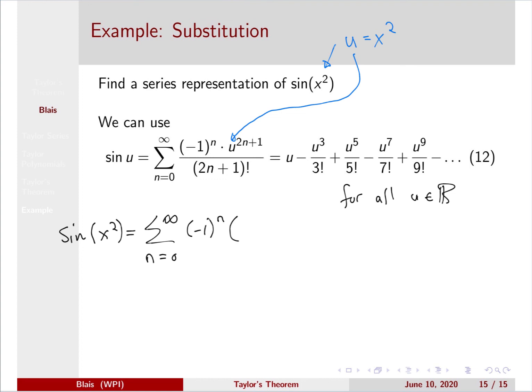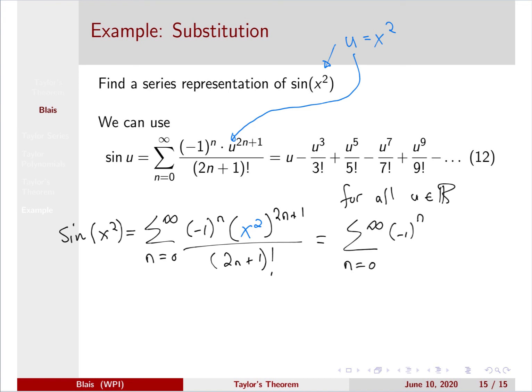And then we have our u, which is x squared, raised to the 2n plus 1 over 2n plus 1 factorial, which we can simplify using our rules for exponents, where these exponents for the x term multiply, and we get x to the 4n plus 1 over 2n plus 1 factorial.